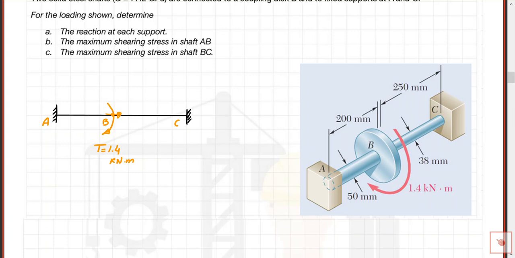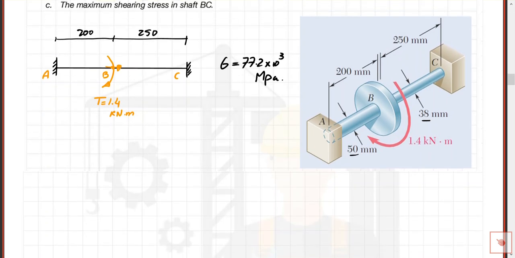They gave us the distances: from here to here 200 and from here to here 250. It's the same material where G is equal to 77.2 times 10 to the power 3 megapascal. And there are two different diameters in two different parts. So for AB, c is equal to 25 and J is equal to half times pi times 25 to the power 4.